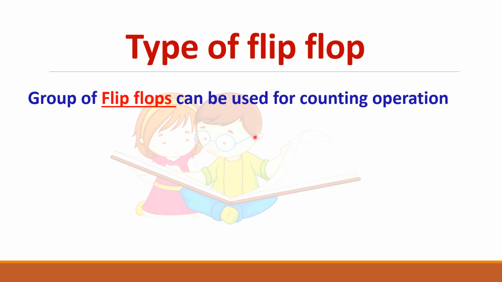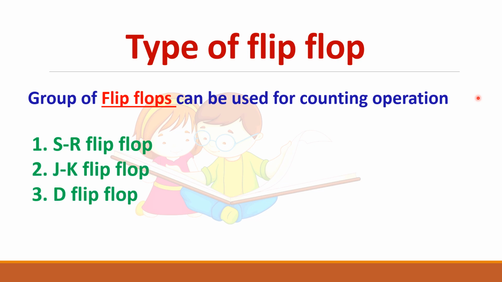We have seen different types of flip-flops like SR flip-flop, JK flip-flop, D flip-flop and T flip-flop. For counters, we can use any of these flip-flops, but normally JK, D and T flip-flops are widely used.